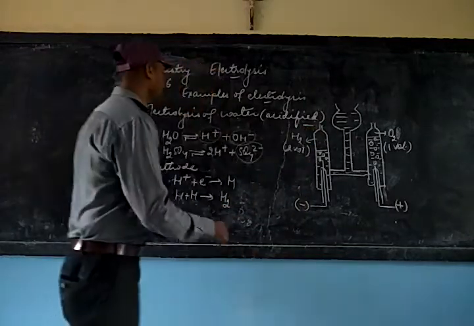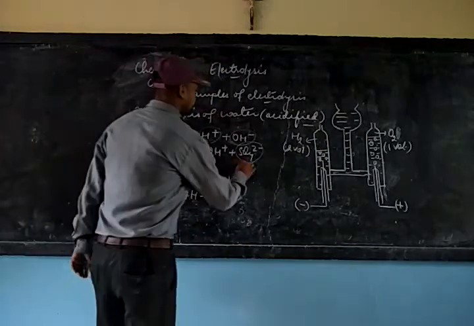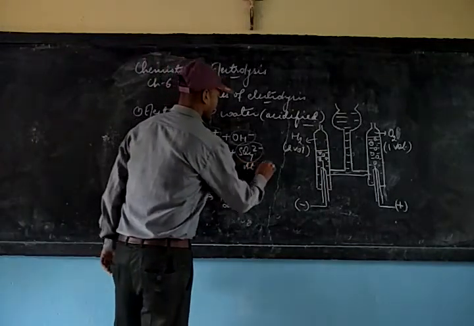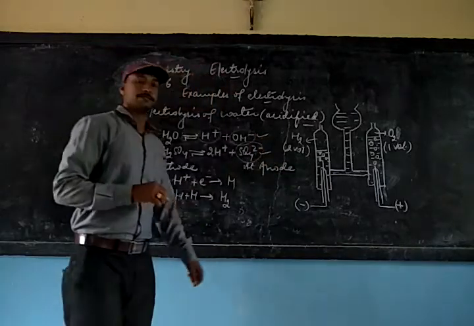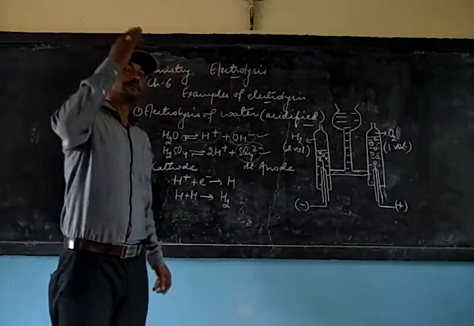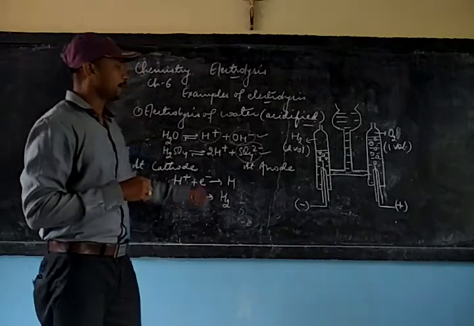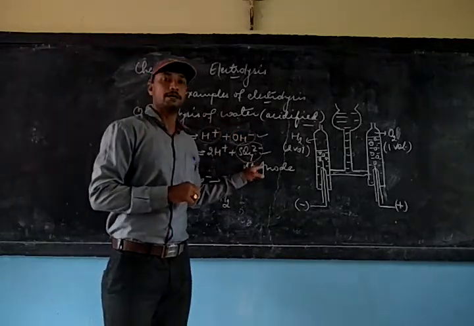Now coming to the anode side, at anode there are two negatively charged ions. But as per the electrochemical series, we find hydroxyl ion is below sulfate ion.